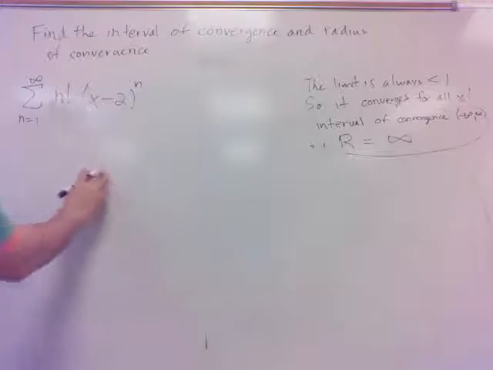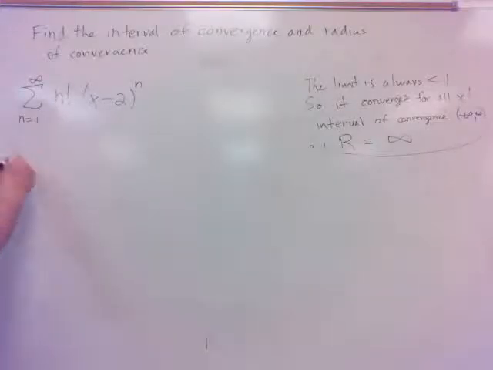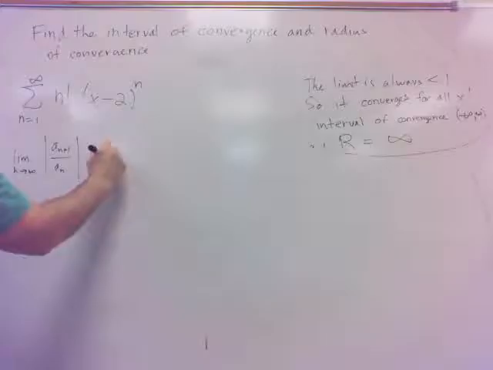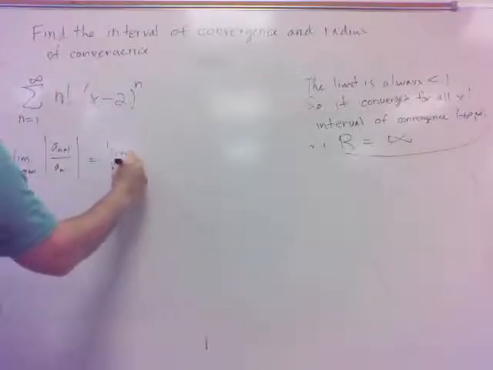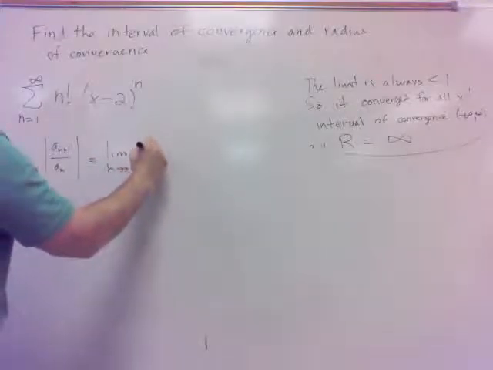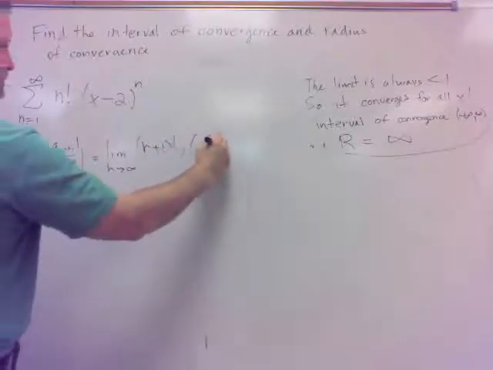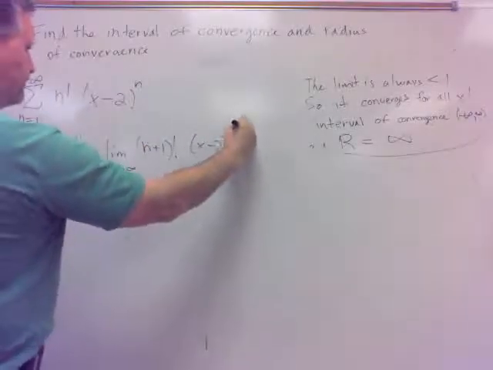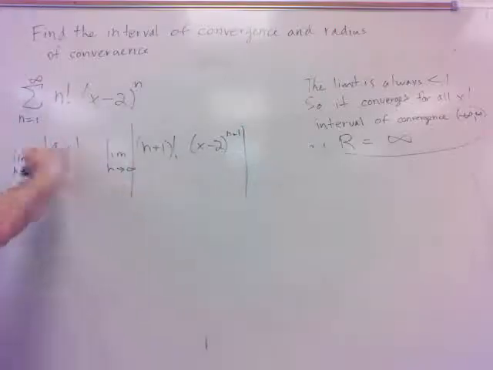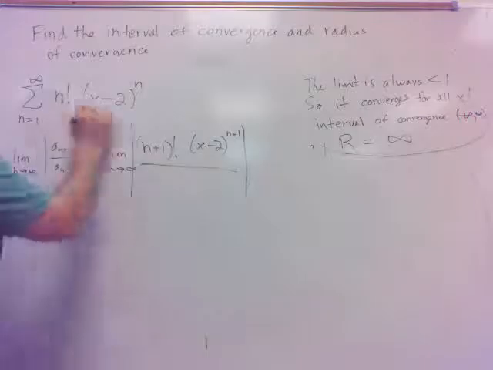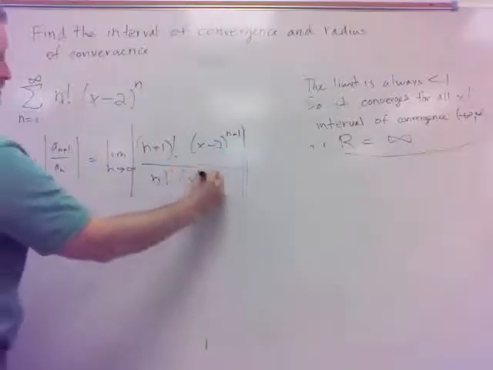Okay, let's look at our limit, a sub n plus 1 divided by a sub n, as n goes to infinity. We get n plus 1 factorial times (x minus 2) to the n plus 1. Since this one doesn't have fractions, I'm just going to divide by a sub n, n factorial times (x minus 2) to the n.